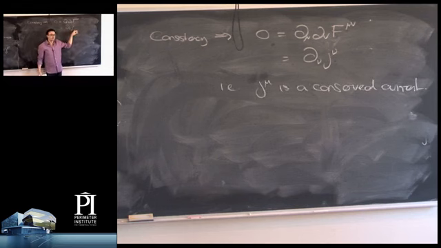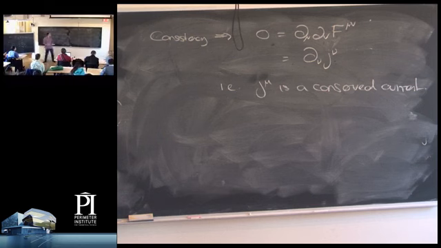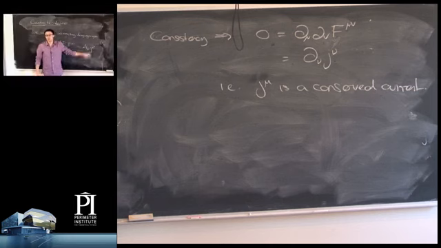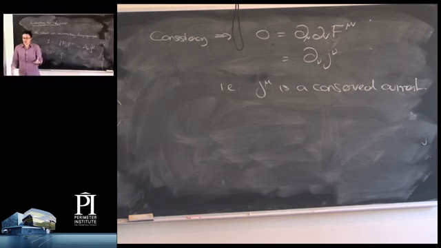But this is something we've seen. This is the definition of what we call a current that comes from Noether's theorem. So if you want to couple a gauge field in this way to some matter, you need to couple it to a current that's conserved. But we've got lots of those. We spent days figuring out what the conserved currents are in different theories.